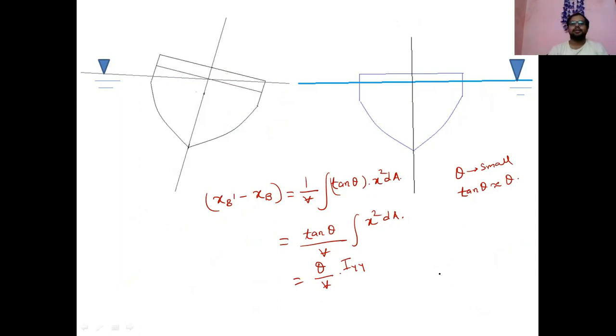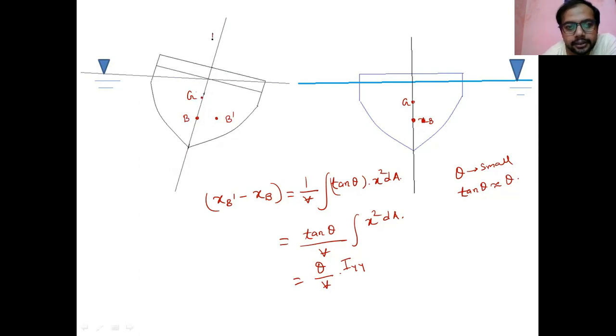Now you look at it. Previously the center of buoyancy was here, and G was here. So in the previous condition, here was the B, here was the G. After rotation, B comes to some position, B dash.